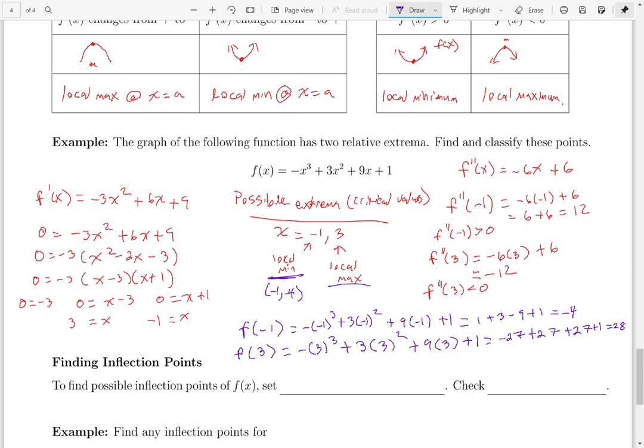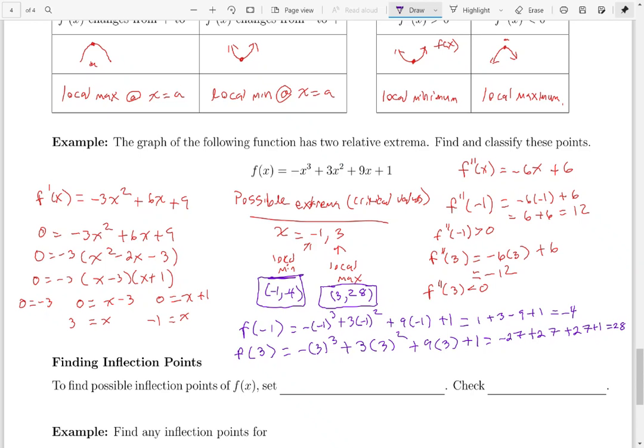And so then I know that I have a local max at the ordered pair 3, 28. Now a couple things to note. Notice that when I found the actual local minimum and local maximum, the ordered pair has to come from the original function.